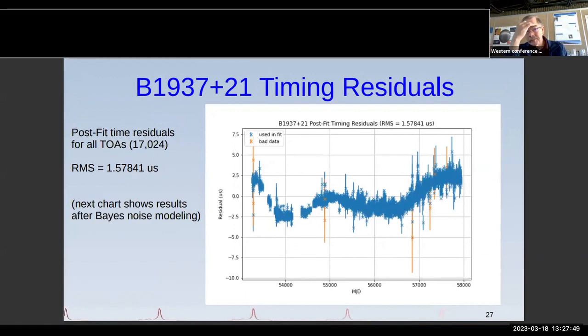So the next step is you go run the Bayes modeling. You transfer your model and everything over to Enterprise to run the Bayes model. You go run that. There are not a lot of pretty charts that you can bring back. You bring back the parametric values for your white and red noise models, but then you go ahead and plot the residuals again anyway.